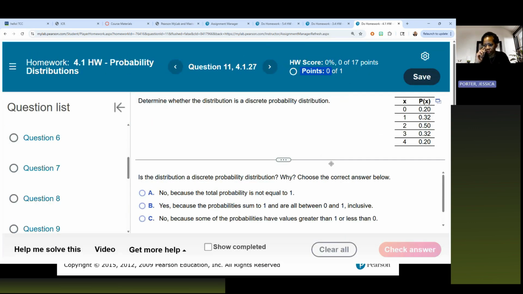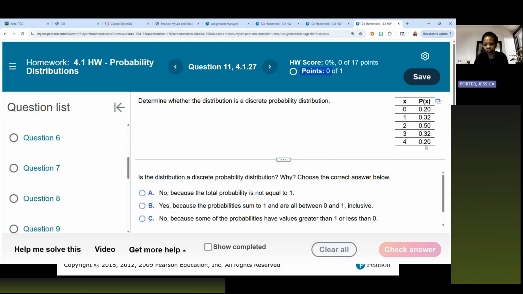All right. So what you want to do when you're trying to determine if it's a probability distribution, first of all, what we were talking about earlier, is all of these values, when I add them together, they equal up to 1. Also, each of these values has to be between 0 and 1. So when you add up all these values together, what do you get? I see a value greater than 1, and I see a 1.